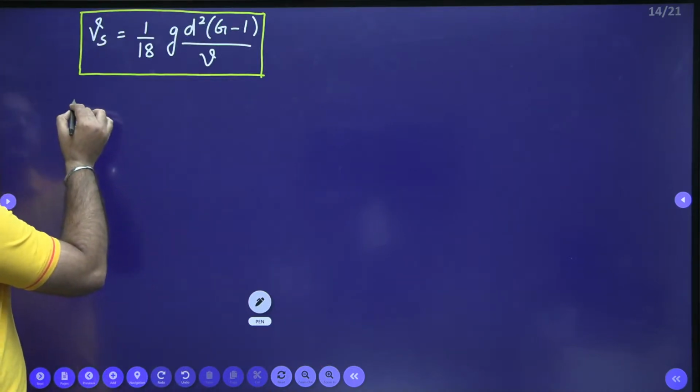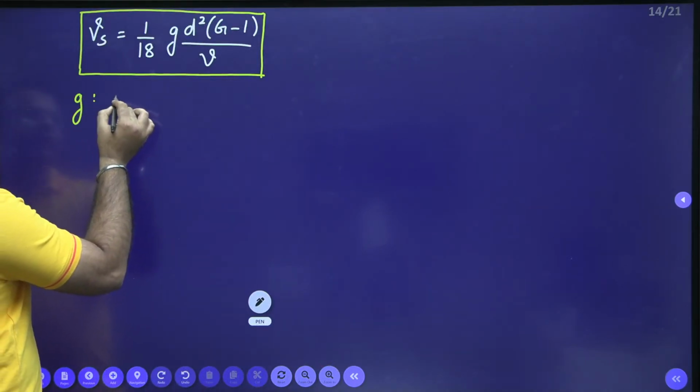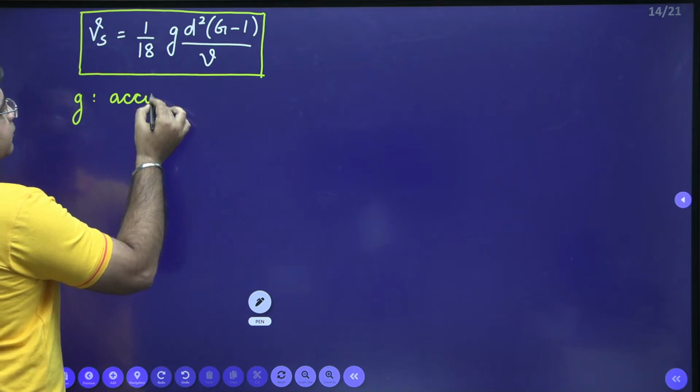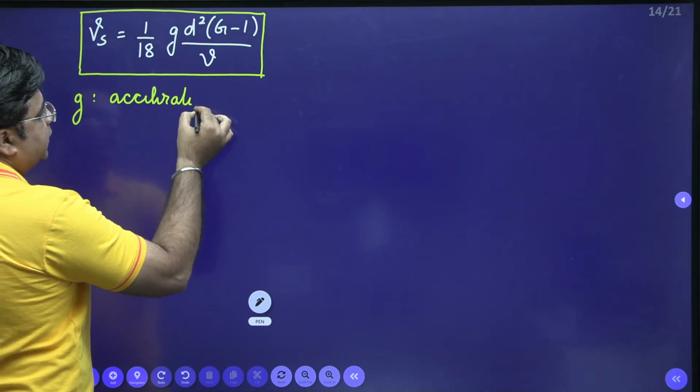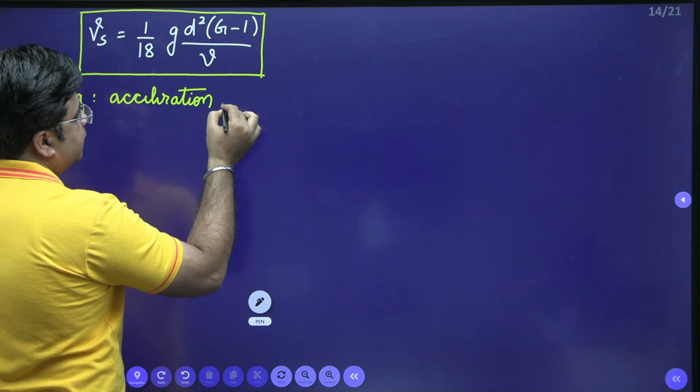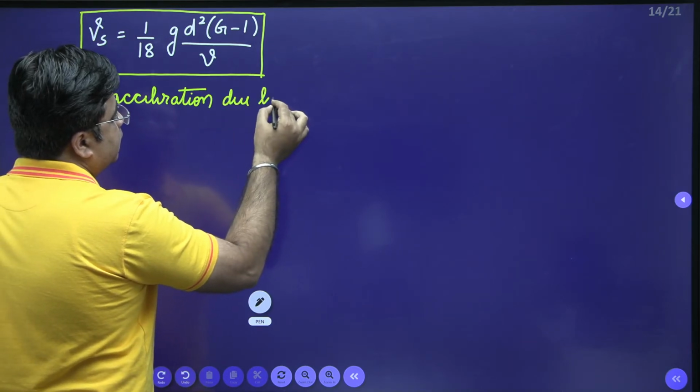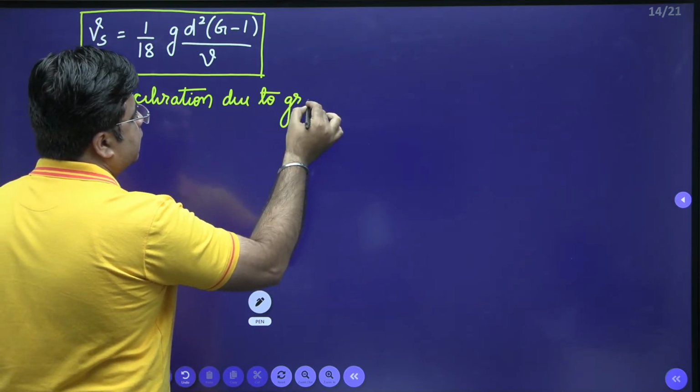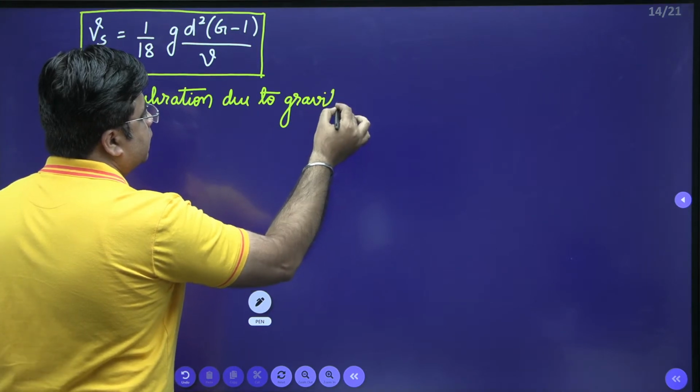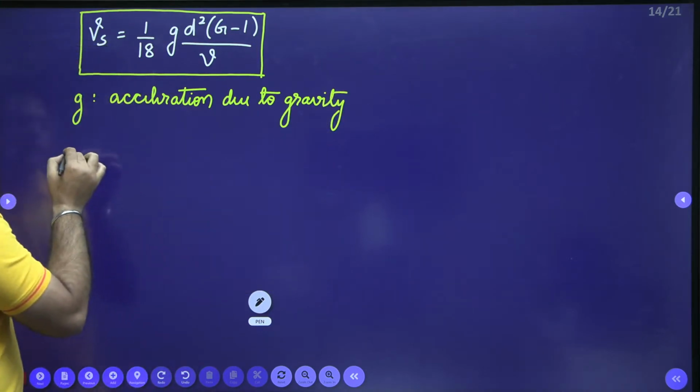Here g is acceleration due to gravity. D is the size of the particle.